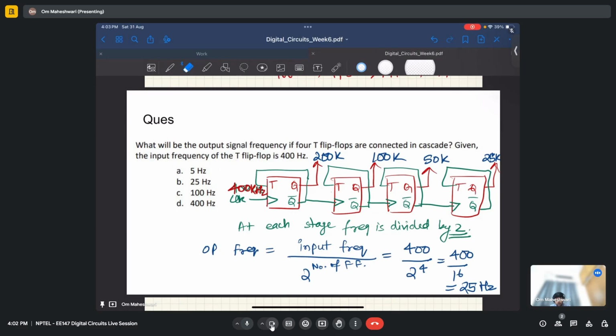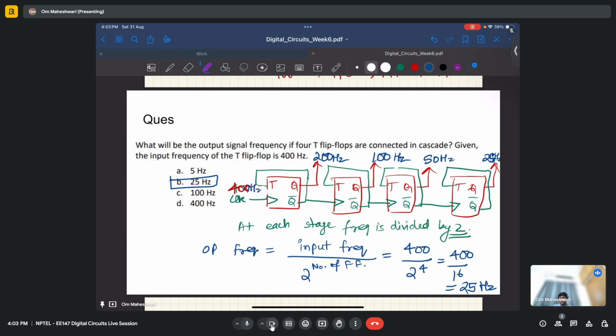It was not kilohertz, I apologize, it was hertz. So the answer is option B, 25 hertz.